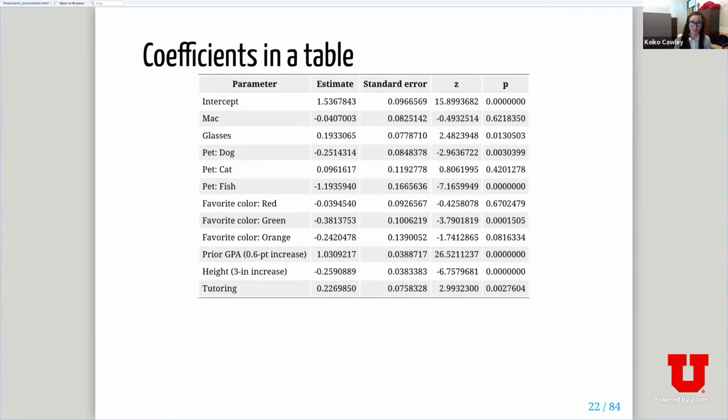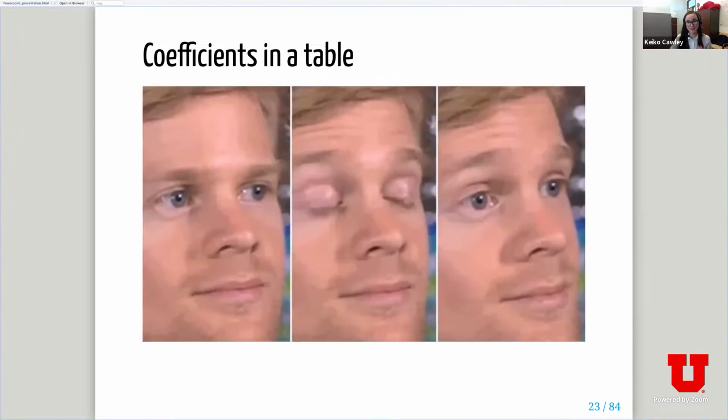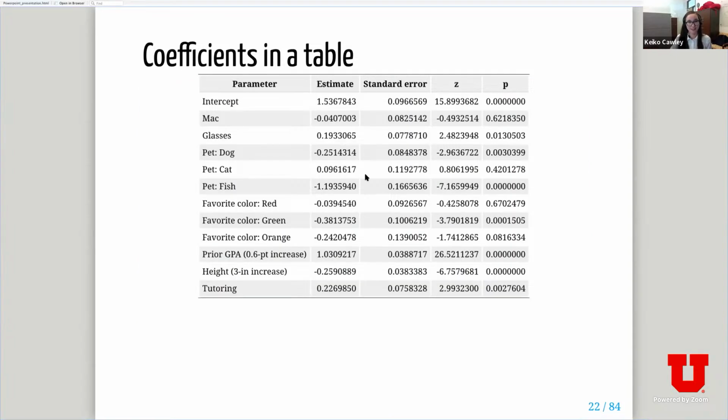But if your audience member has no idea what a logistic regression is, they might give you a reaction something like this, right? Because they're not going to know what the heck is a parameter. They're not going to know what an estimate, standard error, z or p is. They're probably not going to know what an intercept is. They're not going to know how to interpret these values and how these different values should be interpreted together. So if you have a non-technical audience member, we need to do better.